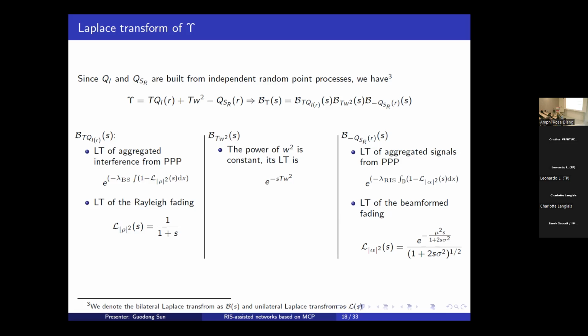And we know that for the sum of random variables, the distribution function is a convolution of each component. In the frequency domain, or in the complex frequency domain, the Laplace transform domain, it's just the product of each component. I told you that for interference, for noise, for the reflected signals, these 3 components can be easily represented by the Laplace transform.